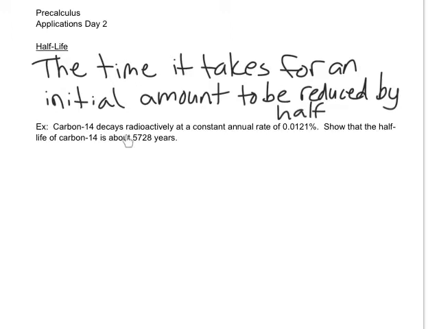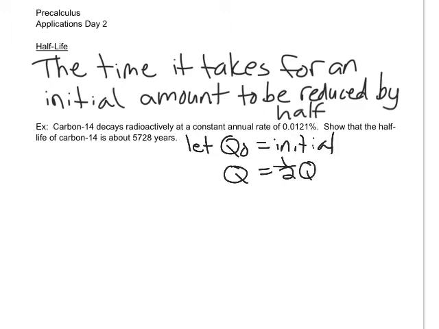We don't have an initial amount here, but we don't need it. Just to show you, if I let Q0 be the initial amount, then if I want half that quantity, the final amount is going to be 1/2 of Q0.